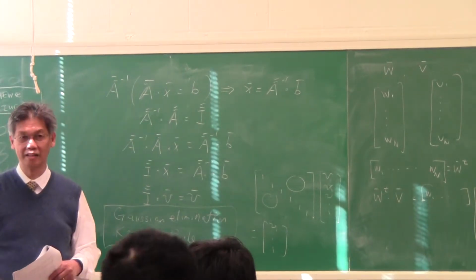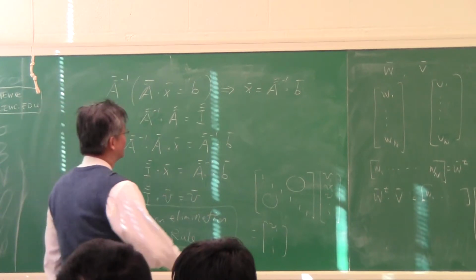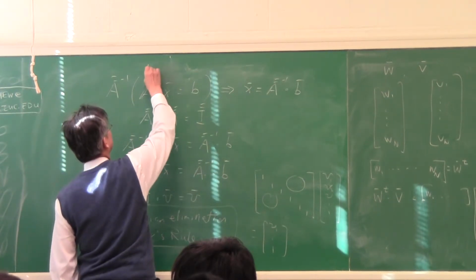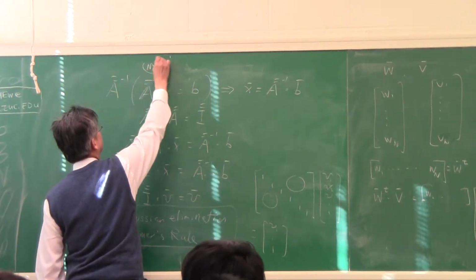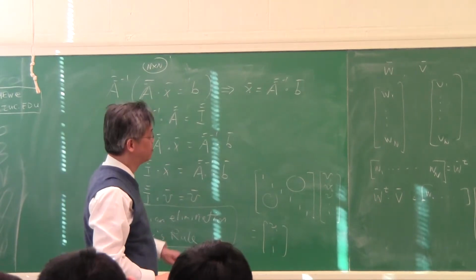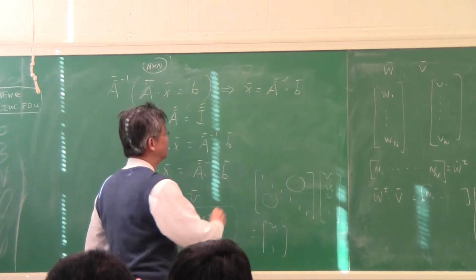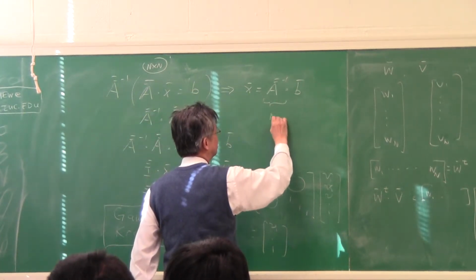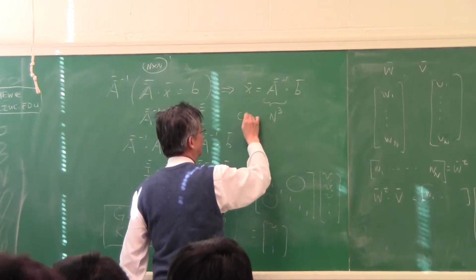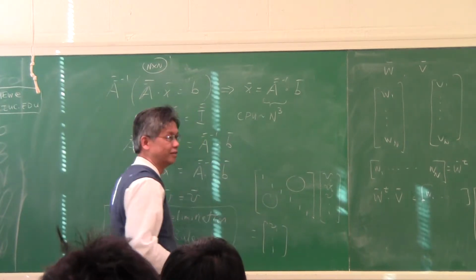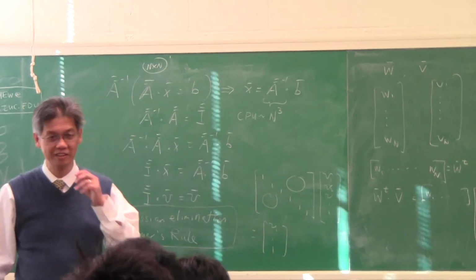It's not an easy task. If this matrix is n by n, and if it's densely populated, meaning that every element of the matrix is non-zero, finding this requires CPU time proportional to n to the power of 3, which is not very good.